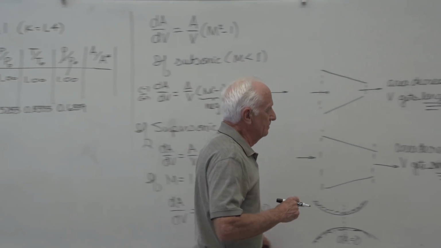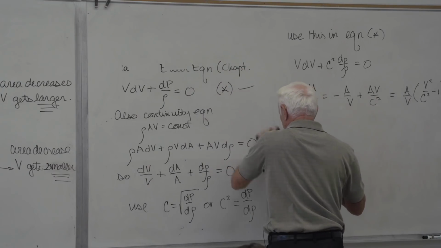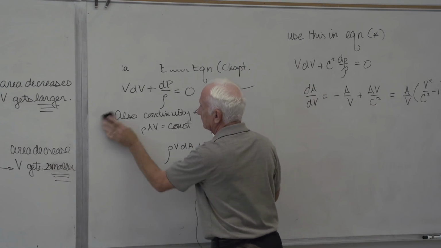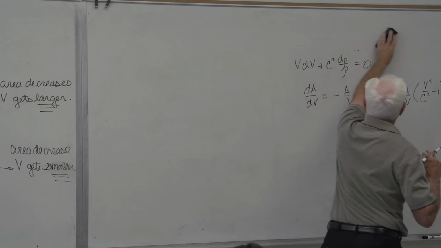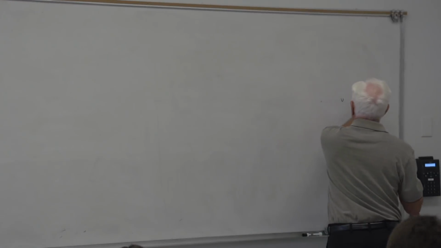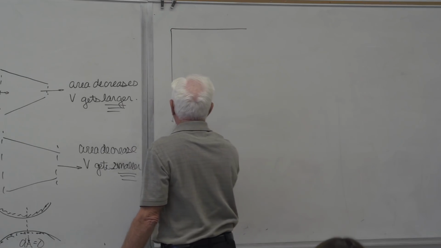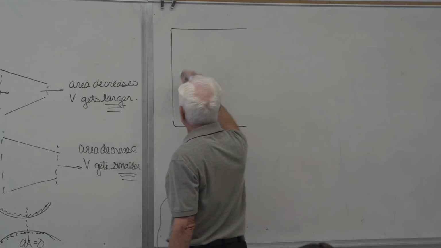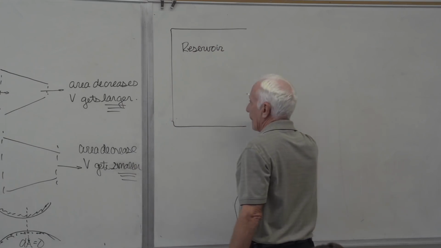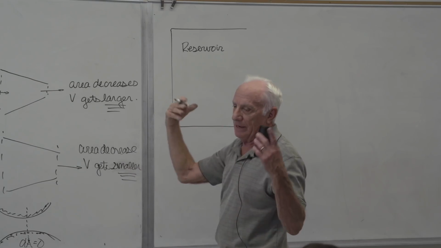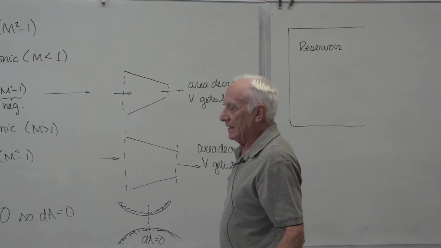Okay, so 3 pictures: sonic, subsonic, supersonic. So if I have a reservoir, a large reservoir, and in that reservoir, let's just say air for the sake of a fluid, that fluid's at rest.